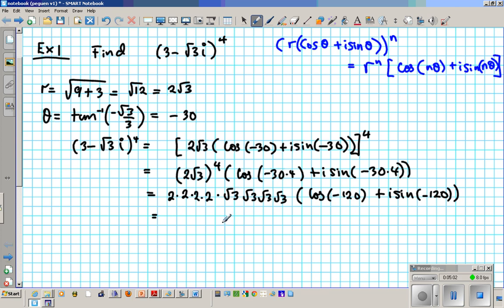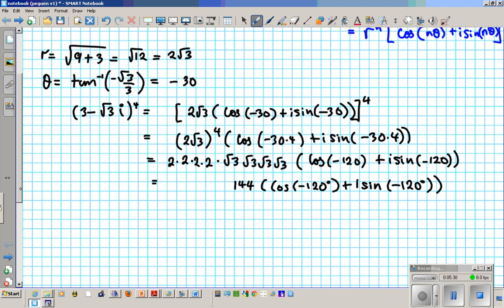If I do the math, this whole thing comes out to 144, because 3 times 3 is 9, and 9 times 16 is 144. So 144 cosine negative 120 plus i sine negative 120 degrees. This is the answer in polar form in degrees.